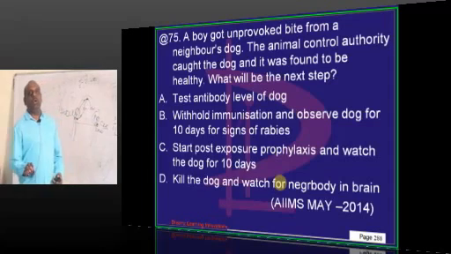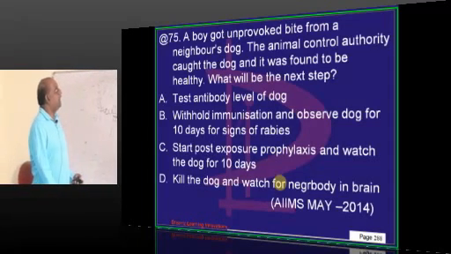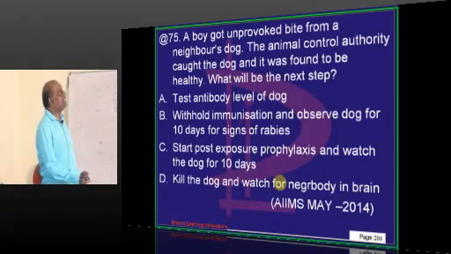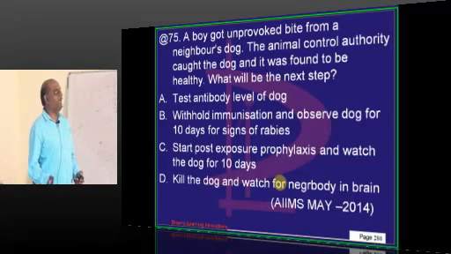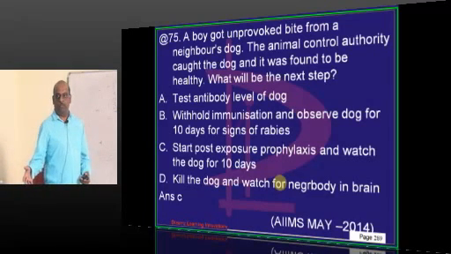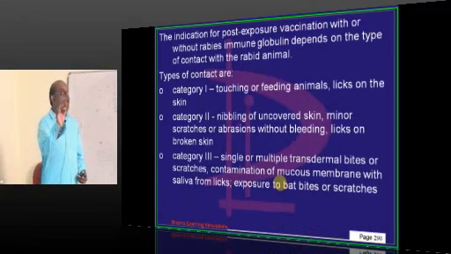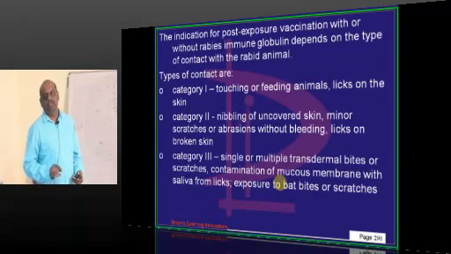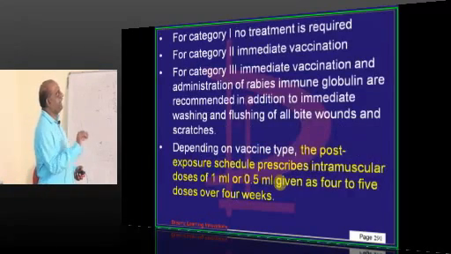A boy got an unprovoked bite from a neighbor's dog, and the police have caught it and it is found to be healthy. What is the next step? Basically start post-exposure prophylaxis and watch for about 10 days. So the entire post-exposure prophylaxis, categories of rabies bites: category 1, 2, 3.